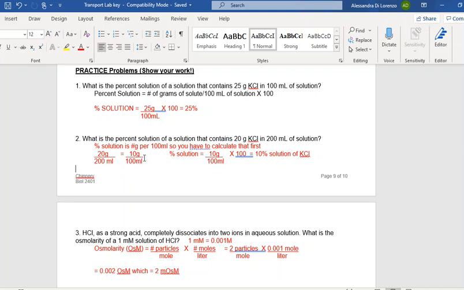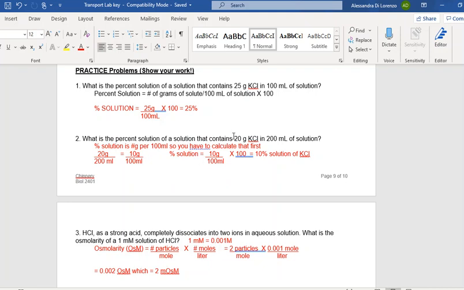It's the same ratio. Now you have the direct representation of grams per 100 ml, so percent solution will be 10 over 100 ml times 100, which is 10%.